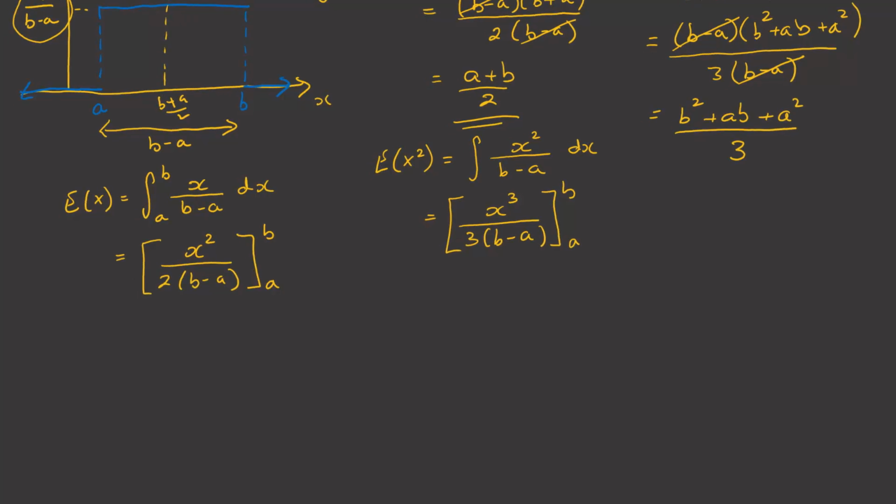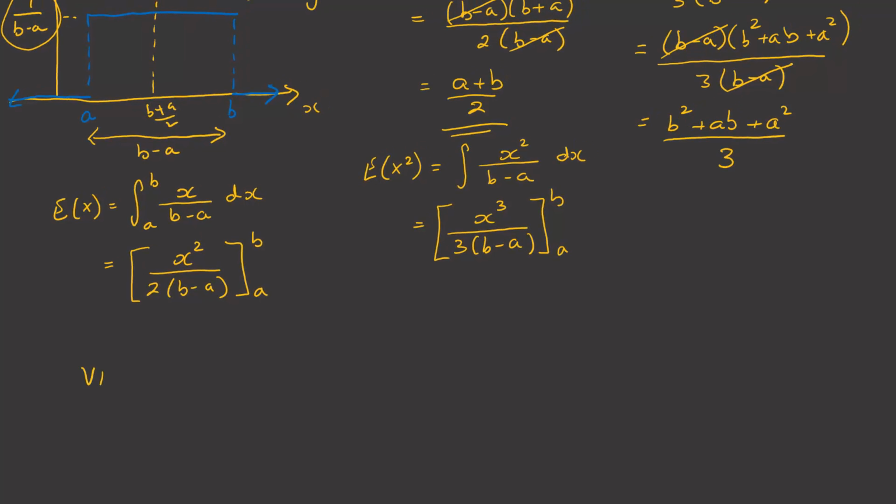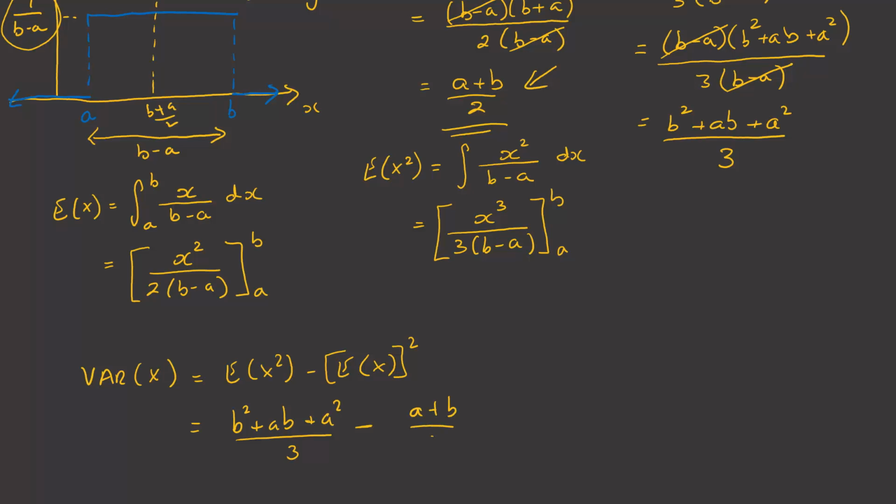Now, we know that the variance of x is the expectation of x squared take away the expectation of x, squared. So that's going to be (b squared plus ab plus a squared) over 3, take away, this was the expectation, so that's going to be ((a + b) over 2) all squared.